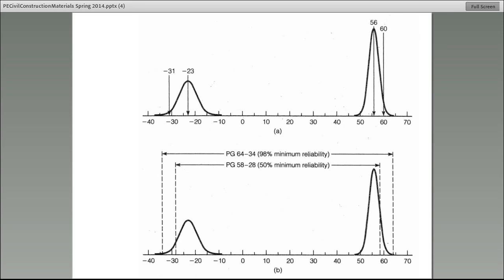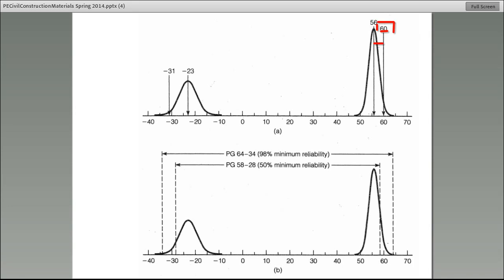So tell me, on the hot side, what was the standard deviation? I think they gave you 2 degrees. 2 centigrades was the standard deviation. So 2 times 2 is 4. And look, that's how we got to 60. So move away from the mean 2 standard deviations, therefore we get 60.